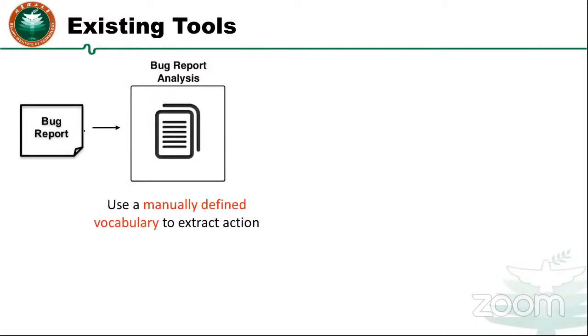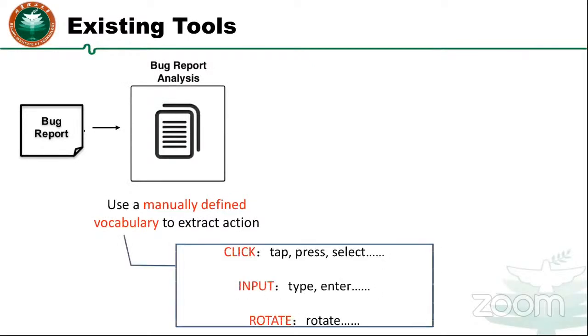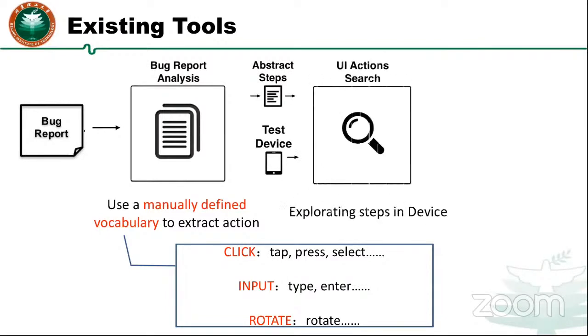They usually leverage a static vocabulary that contains a list of potential action words, like click, tap, press, and select. This vocabulary is built manually. Based on the identified action words, they search UI elements that are associated with the action word. Finally, they generate test cases based on a sequence of action words and their associated UI elements.